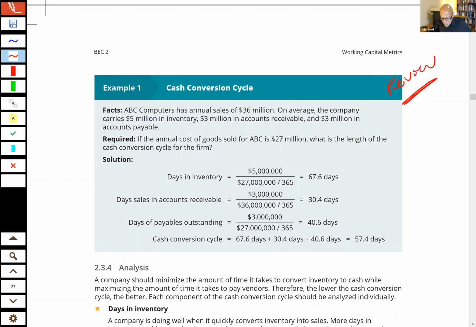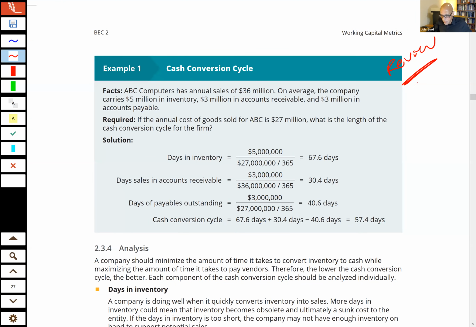But just know that I could see potentially a task-based simulation where it's not just related to the days and the cash conversion cycle elements. It could be any of the ratios. They could give you a task-based simulation where they're making you calculate a bunch of ratios and then asking you to analyze what these different ratios could mean.